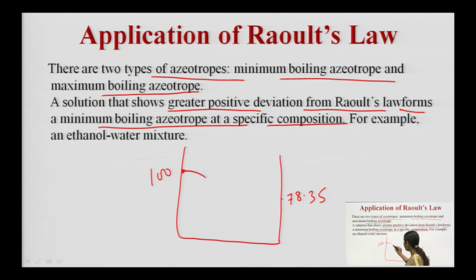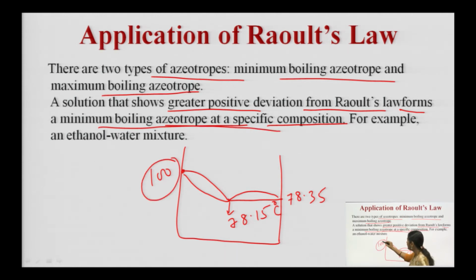Together they form an azeotropic mixture and start boiling at a temperature of 78.15 degrees Celsius. That is its minimum boiling azeotrope, less than the 100 degrees Celsius of water.